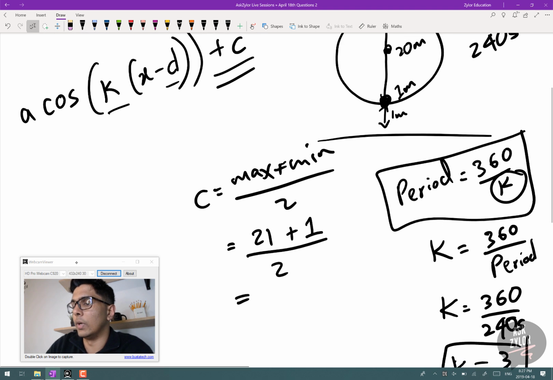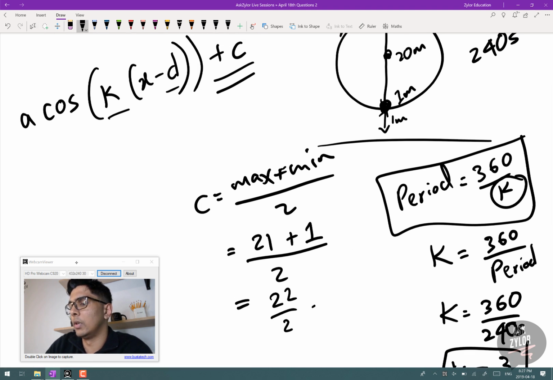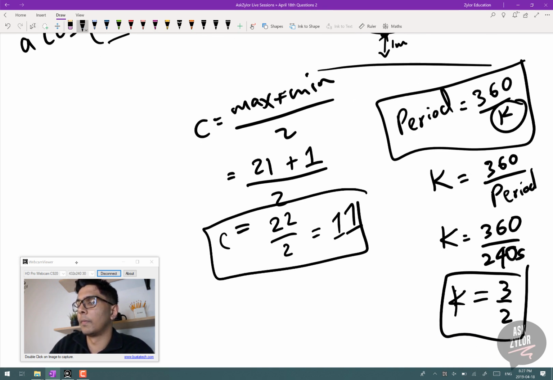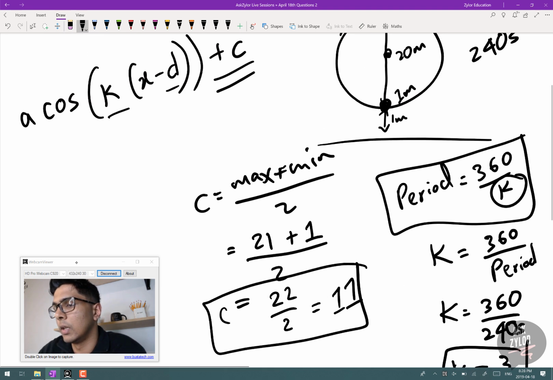That's going to be 22 divided by 2. So your c is going to be 11. So we found 2 of the variables, so let's go ahead and see what the others can be.